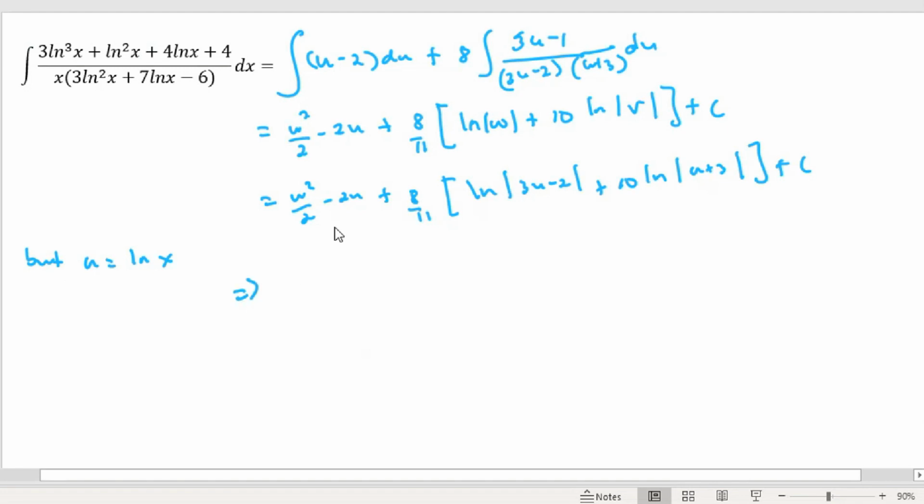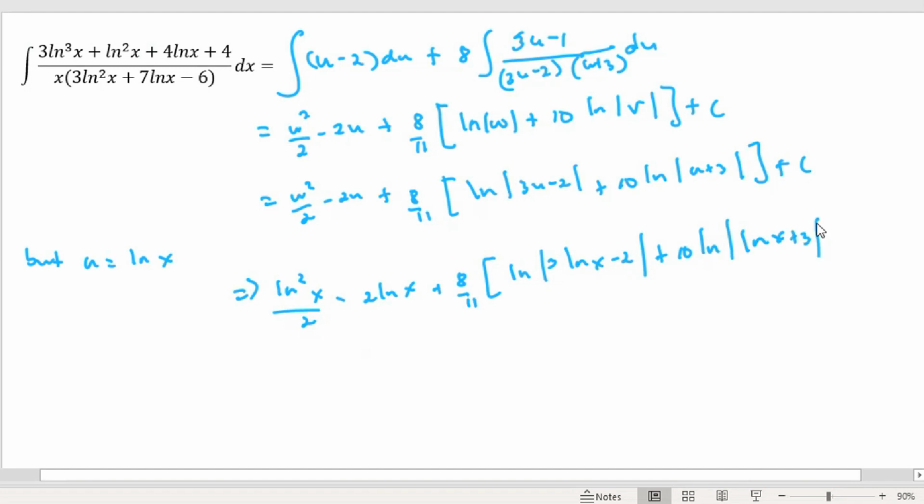Rewriting the meaning of u, we can write ln squared of x over 2 minus 2 ln of x plus 8 over 11 times ln of 3 ln x minus 2, plus 10 ln of ln x plus 3, plus a constant. And that is now the final answer for this problem.